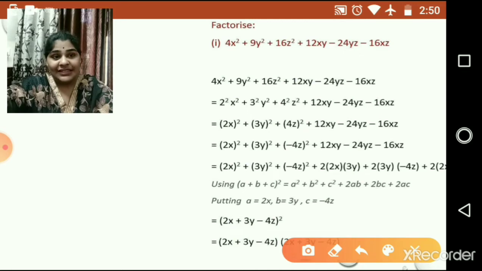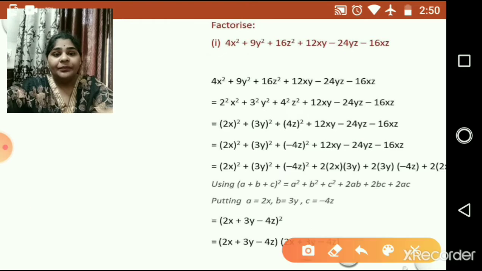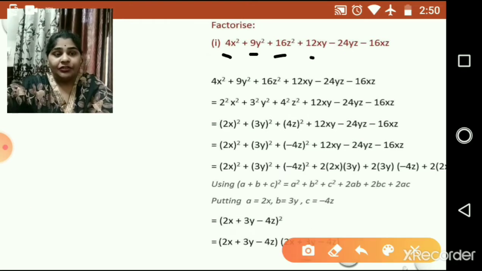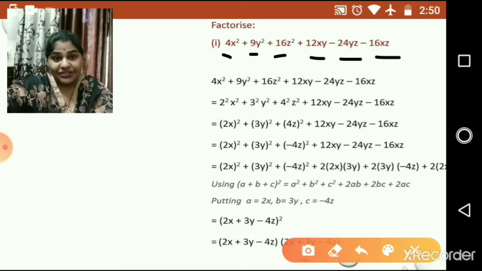So now if I count all the terms here, there are 1, 2, 3, 4, 5, 6 terms in the given question, children, right? So that I can think which identity I can use over here. So 6 terms I have only in one identity, which we have learned, that is a plus b plus c whole square.